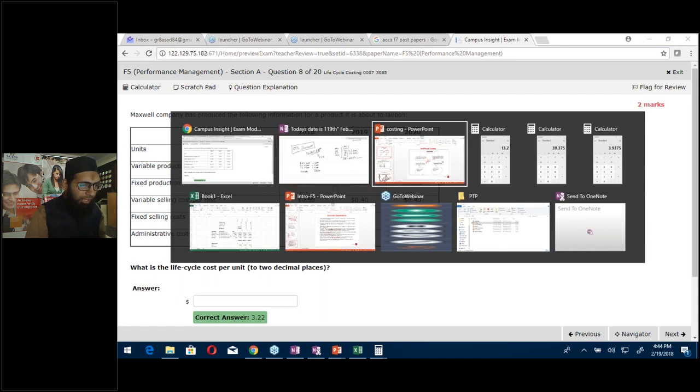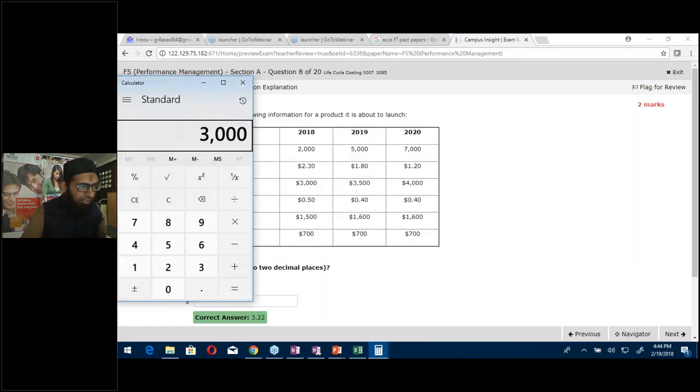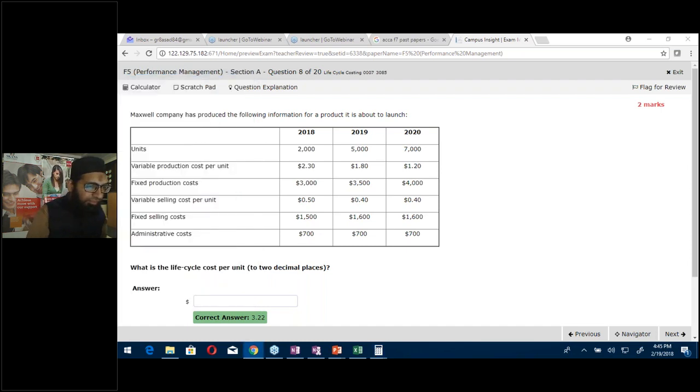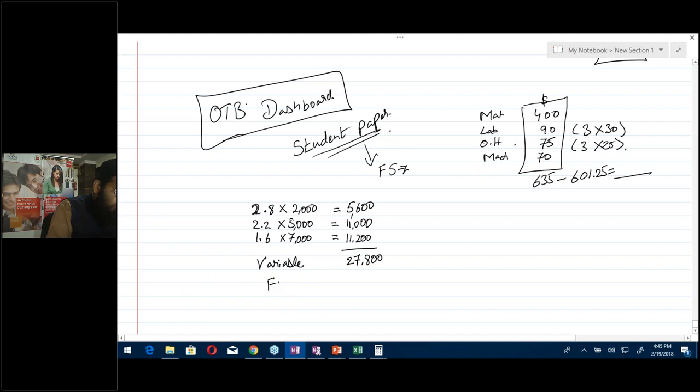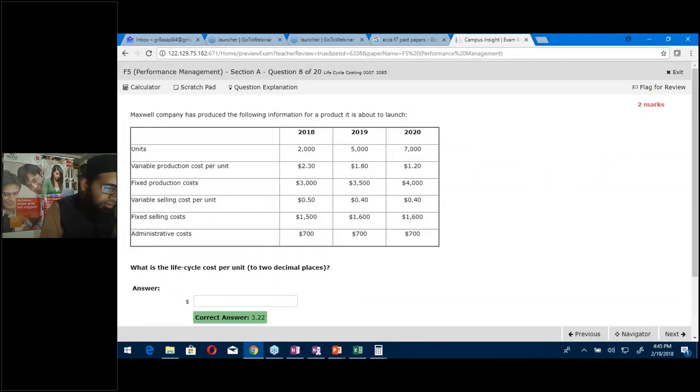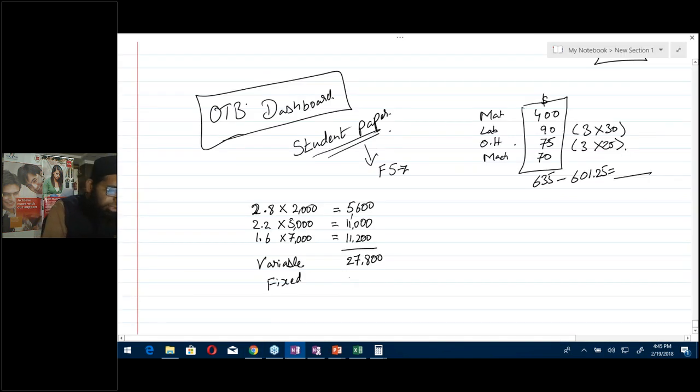On the calculator, it will be 3,000 plus 3,500 plus 4,000 plus 1,500 plus 1,600 plus 1,600 plus 700 plus 700 plus 700. The answer will be 17,300. So the total fixed cost in all the 3 years is 17,300.